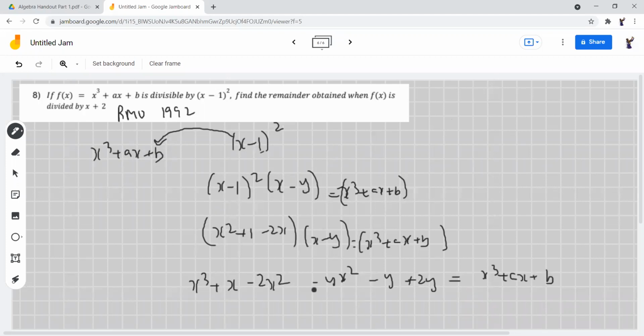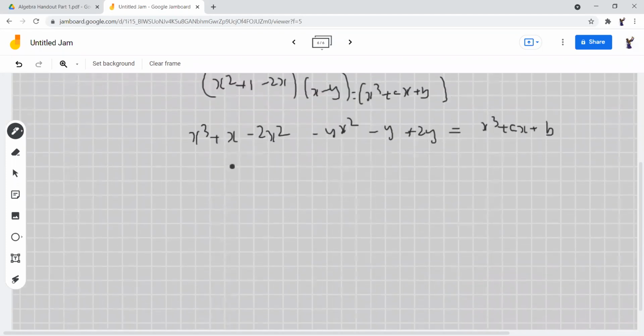So now let us simplify this. See, take these two terms here, minus 2 minus y x square. I'm taking x square common in these two. Here I have got no coefficient of x square, so I have 0 x square here.